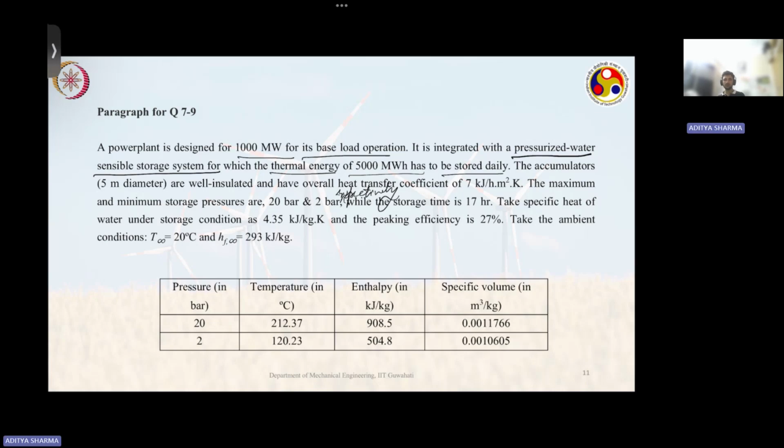Then some other data has been given in the table also related to two pressures, 20 bar and 2 bar. It's temperature and temperature related enthalpy and specific volume.